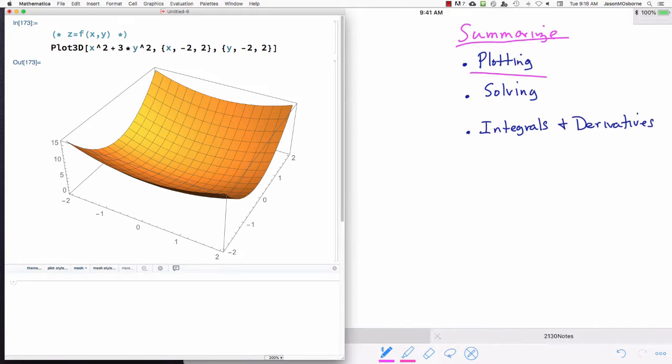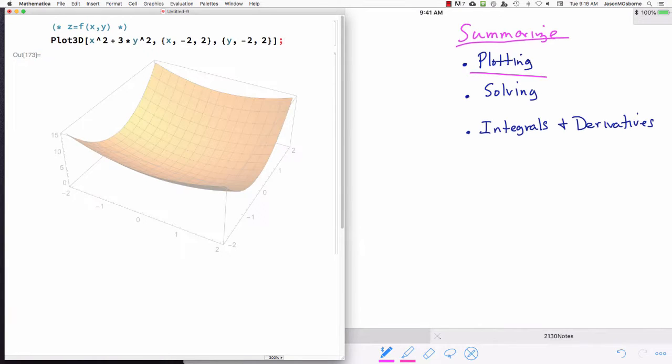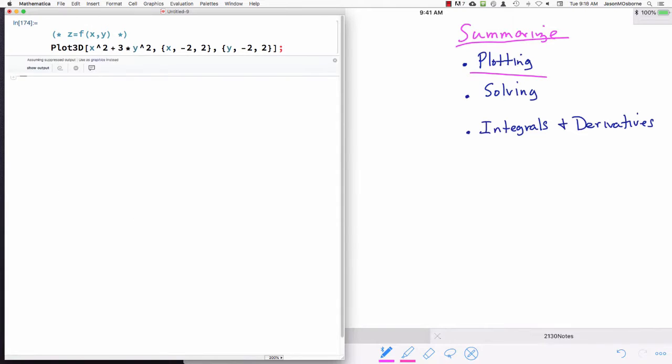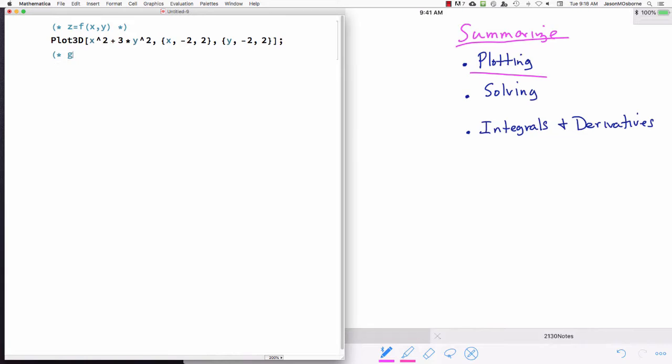If you want to put multiple plots together, a semicolon will hide the plot when you press Shift Enter. You can also plot g of x, y, z equal to a constant, and that is done with ContourPlot3D.